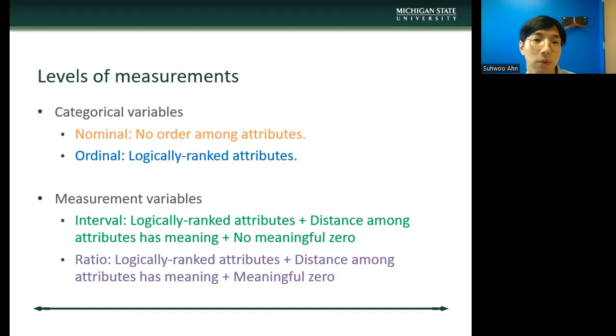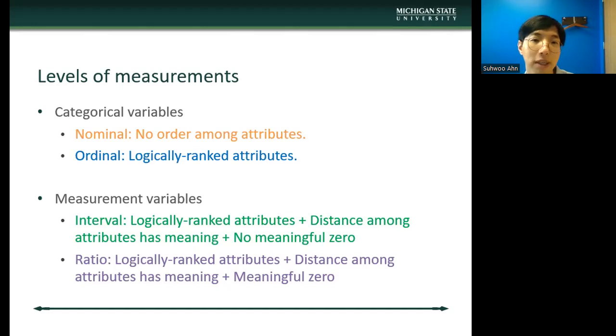Another type of measurement is interval measure. In the interval measure, attributes of the variables are logically rank ordered, and it makes sense to calculate between options. So distance among attributes has meaning, which means that we can do some calculations between options.